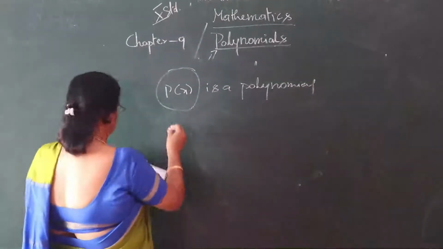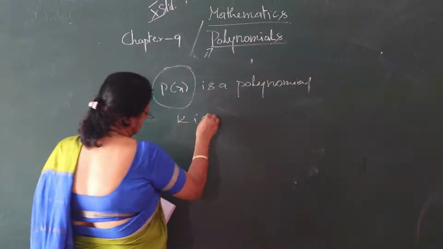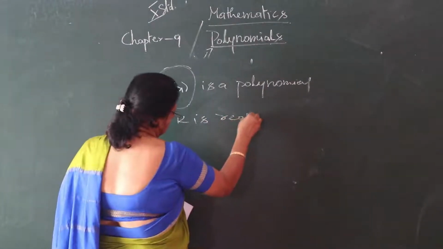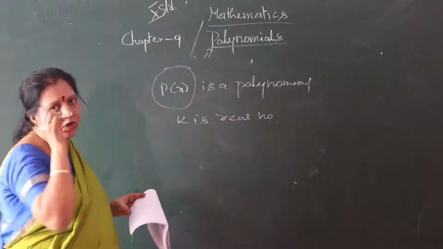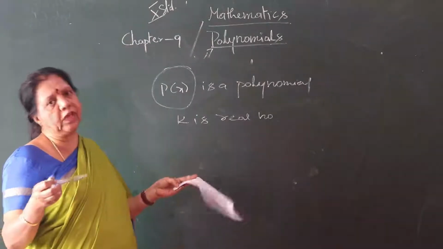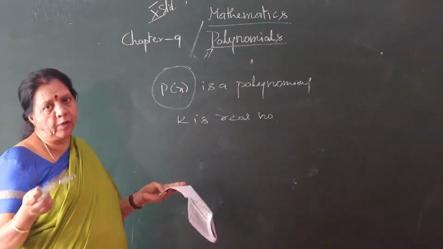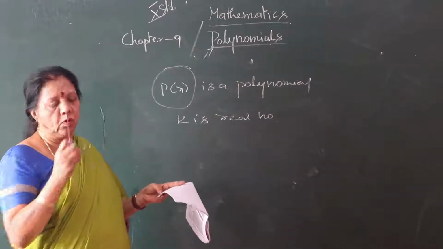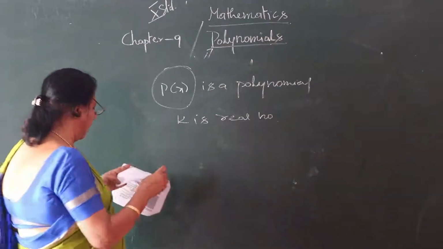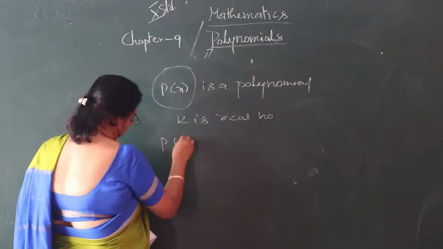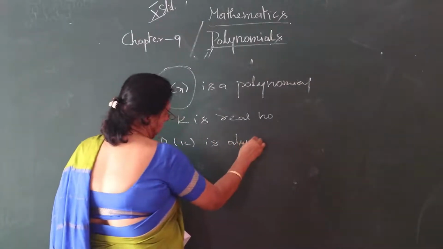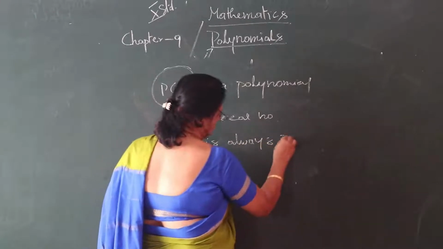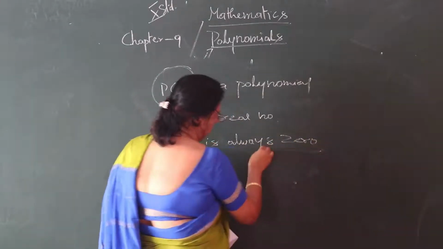Here k is any real number. You know real number, irrational number, rational number, natural number, integers, everything you know. We don't have time to repeat once again, children. Okay. So then p of k is always equal to 0. This is an interpretation.